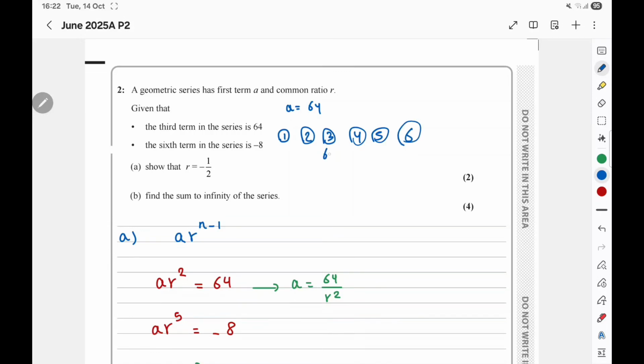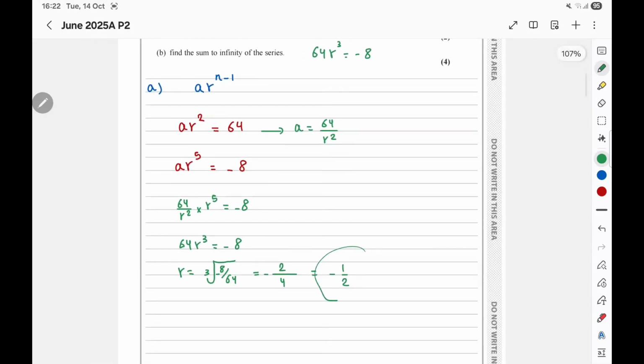The third term is 64, I will assume that this is 1. Now this will be 2, this will be 3, and this will be 4. And he will write 64, which is A, times R power 4 minus 1, which is power 3, equal to negative 8. Okay, move the 64 by division, you will get the same R.